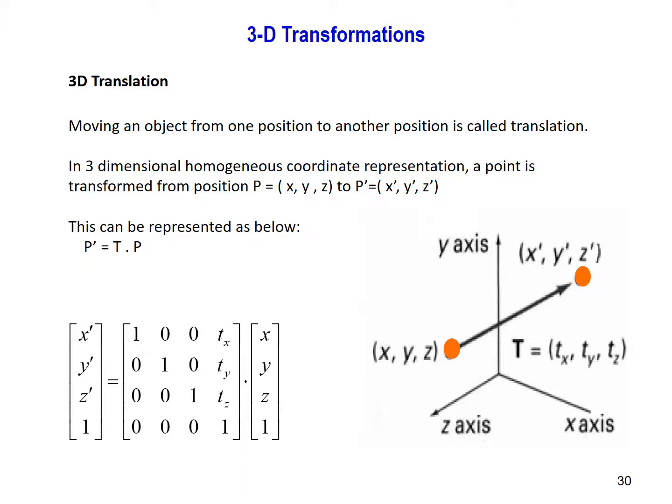Hence, the 3D translation matrix is represented as 1, 0, 0, tx, 0, 1, 0, ty, 0, 0, 1, tz, 0, 0, 0, 1, where tx, ty and tz are the translation distances.